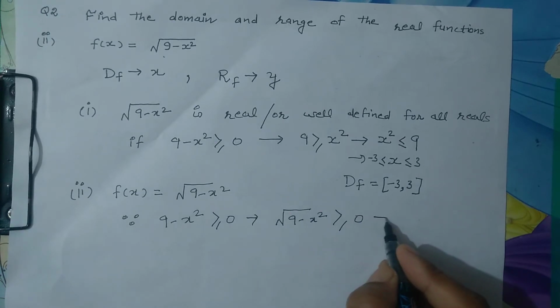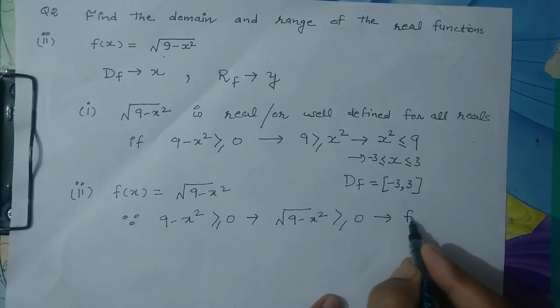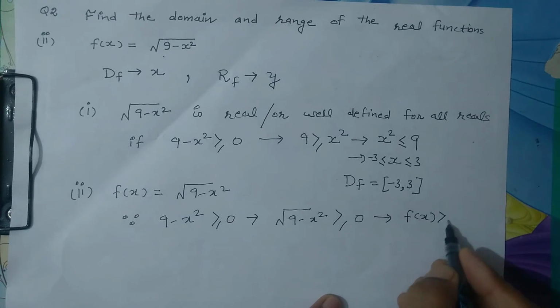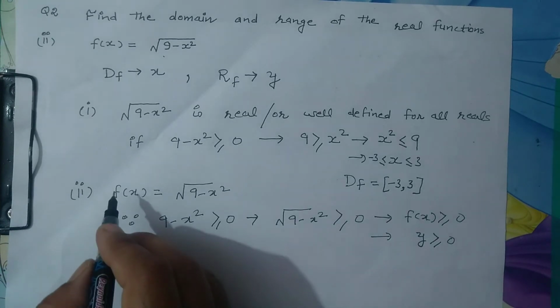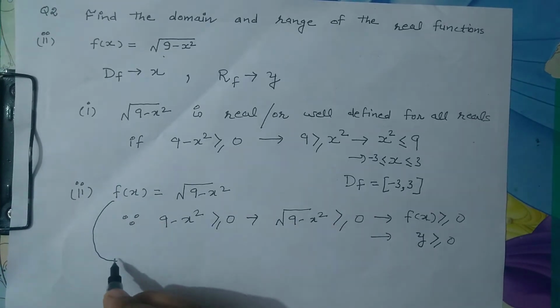So that means f of x is greater than or equal to 0. Now what is the meaning of f of x? y is greater than or equal to 0. First thing. Second thing, we put here f of x equal to y.